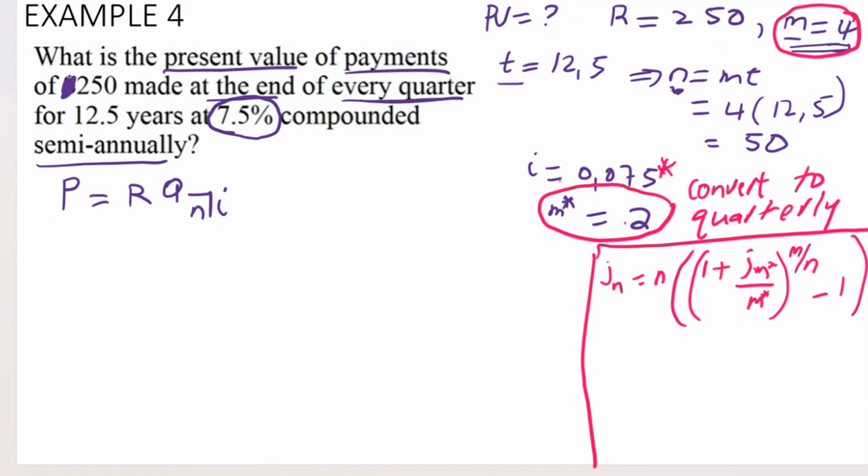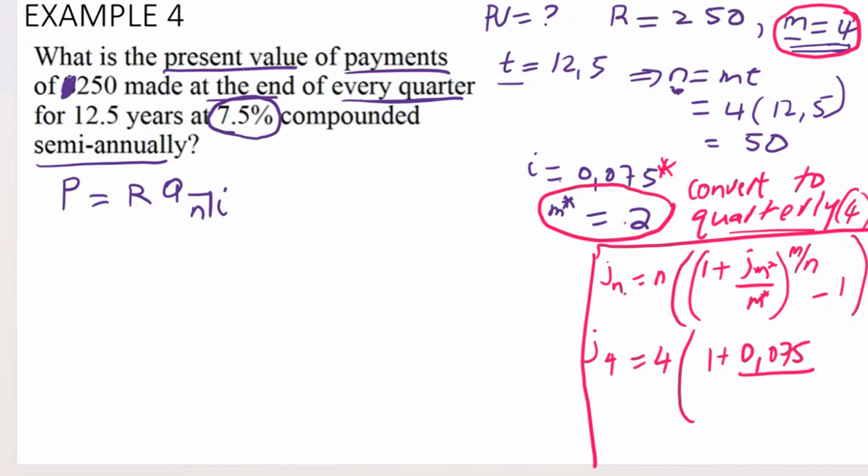Now you want to convert to your n. You want your n to be equal to 4 because you want to convert to quarterly. So J4 is equal to 4 into 1 plus Jm, where Jm is the interest you want to convert, which is 0.075.